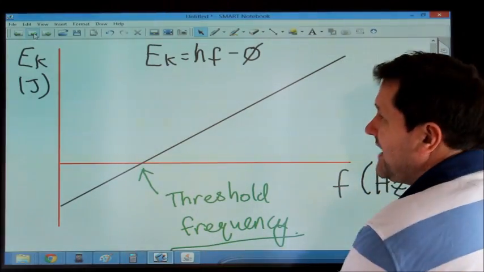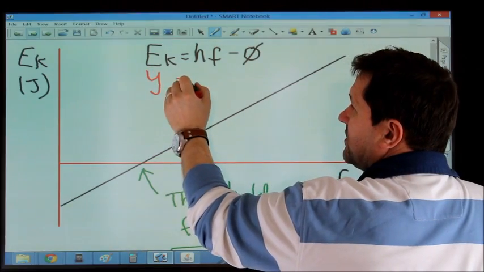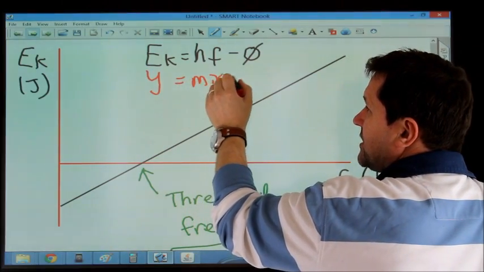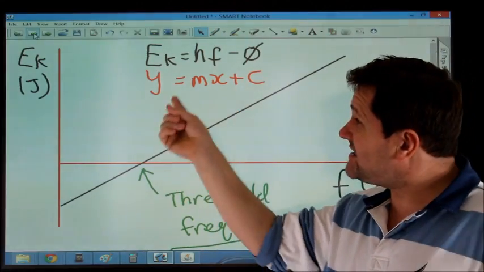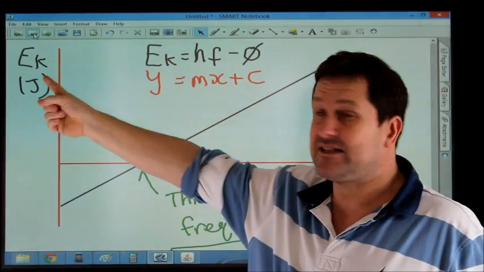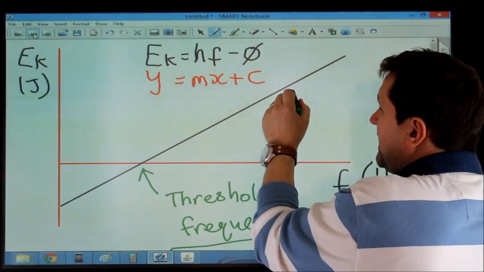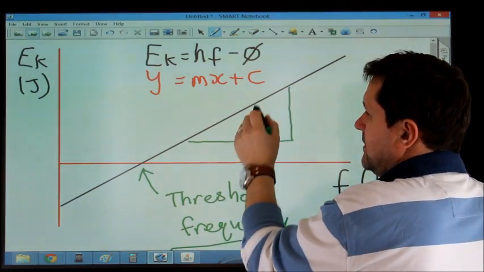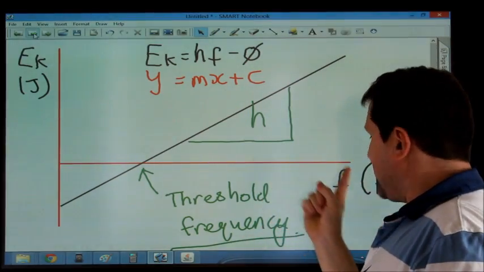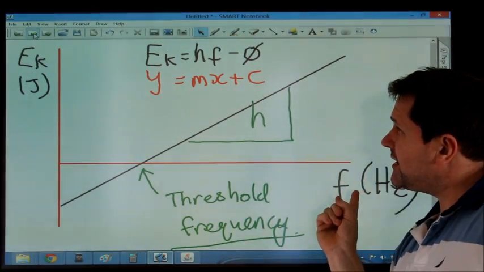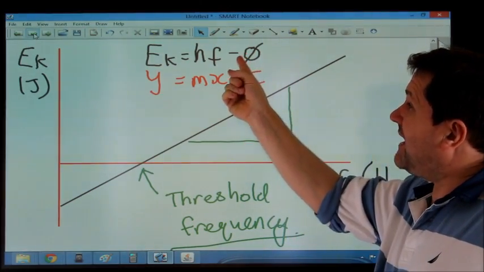Now then, if we relate this to GCSE maths and say y equals mx plus c, we can see that the kinetic energy of the electrons is the y-axis. The gradient of our graph must be Planck's constant h, because our x-axis is frequency, and that also shows us that c is minus phi.